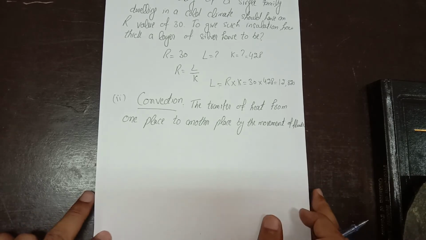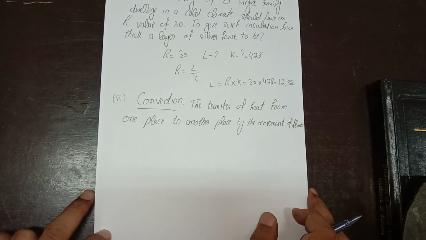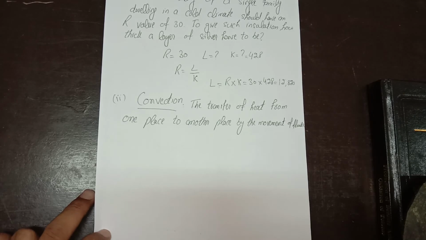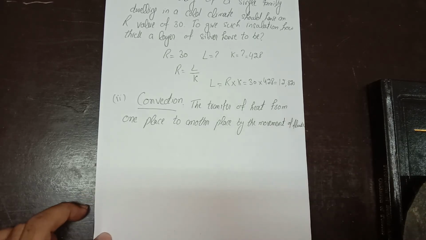In this transfer mechanism, suppose a certain part of the fluid like air or water is in contact with some hot body, so the temperature of the fluid near that hot body increases, and that fluid becomes less dense than the cooler fluids next to it.